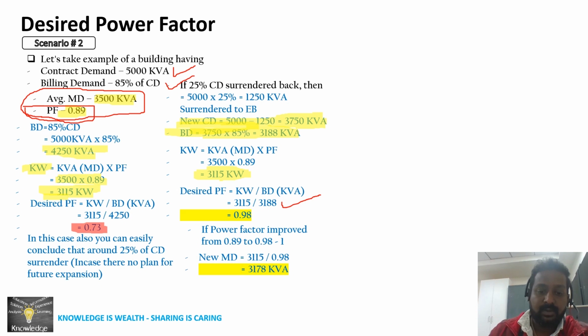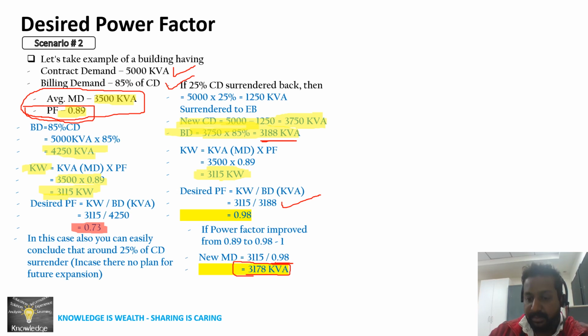So our new maximum demand in kVA is 3115 kilowatt divided by the improved power factor 0.98. It is 3178 kVA, our new maximum demand, which is almost equivalent to our billing demand.